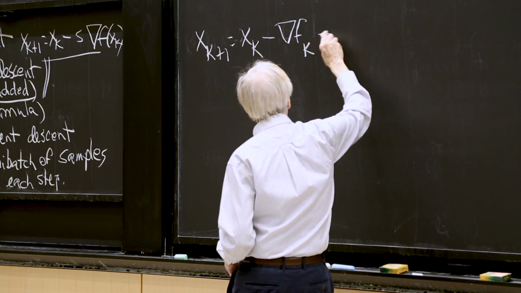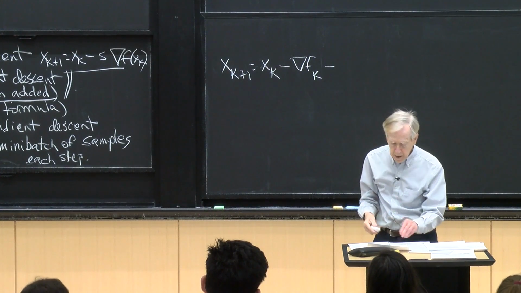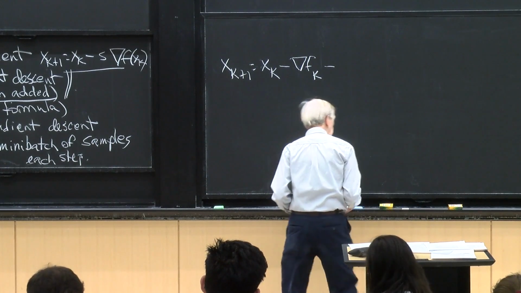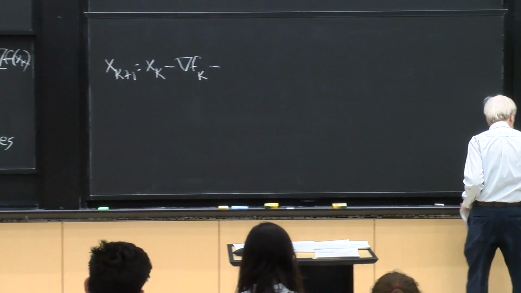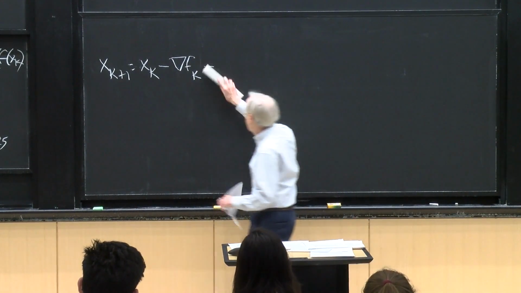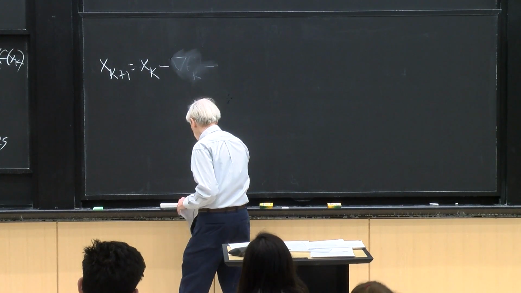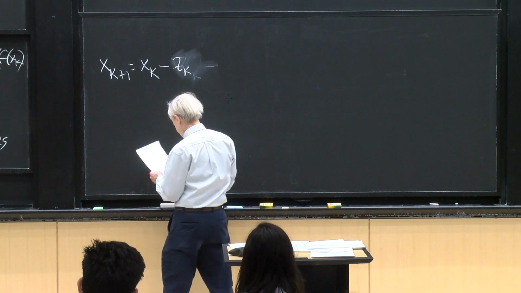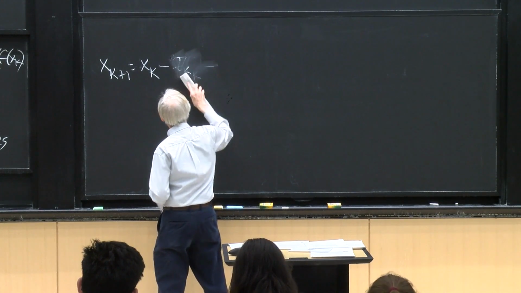And now comes an extra term which gives us a little memory. Well, no, sorry. The algebra is slightly nicer if I write it a little bit differently. I'll create a new quantity zk with a step size.